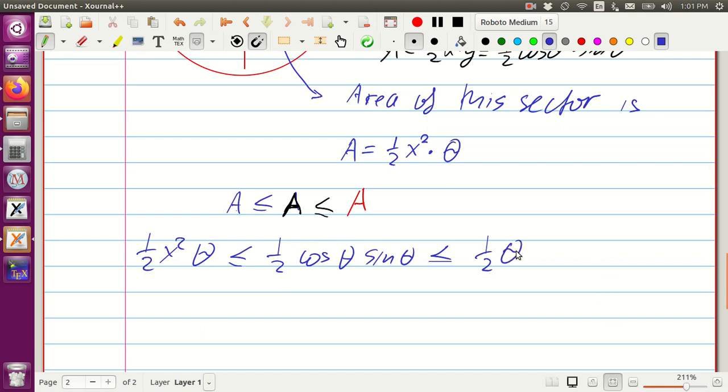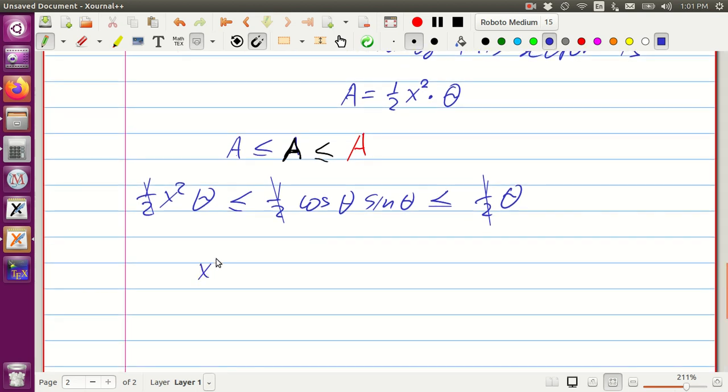So in each part we have 1/2, and we can divide by 1/2. This is clear. And we're left with x squared theta less or equal than cosine of theta sine of theta less or equal than theta.